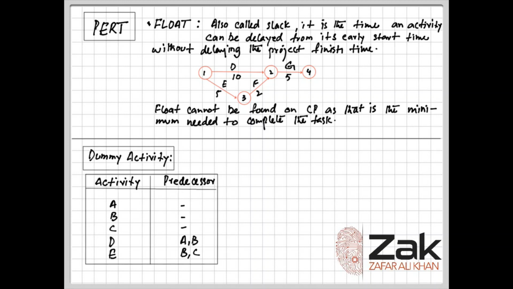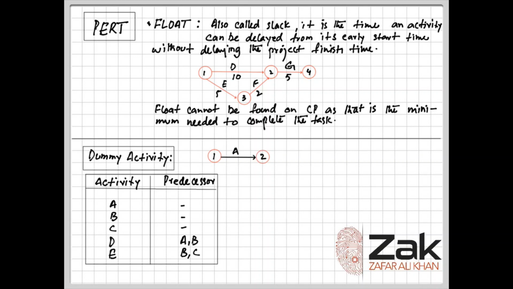Let's see how. For example, for this chart, which is an example chart for us to observe a dummy activity working over a PERT, A, B, and C activities do not have a predecessor. It means that they will start from the first node.